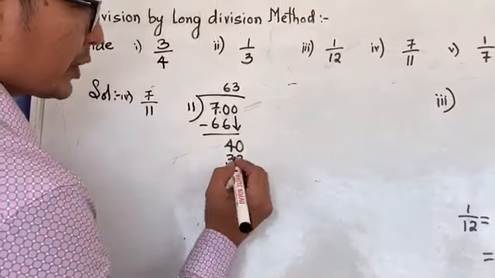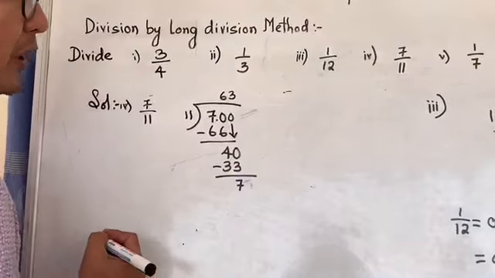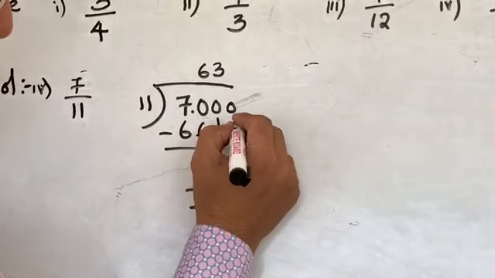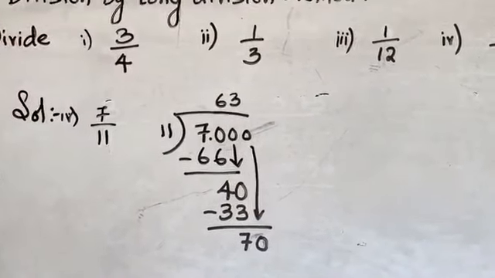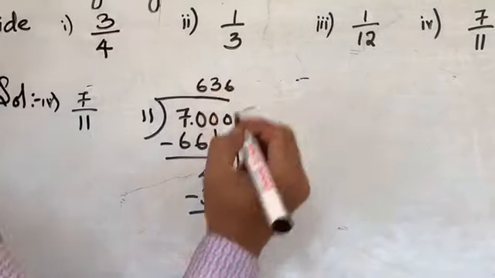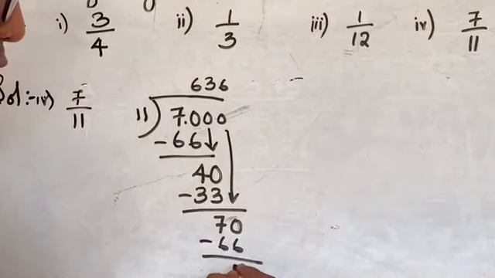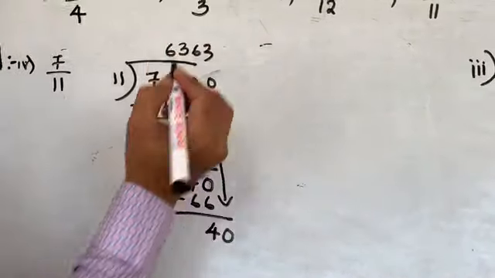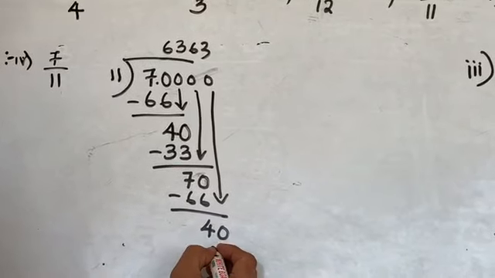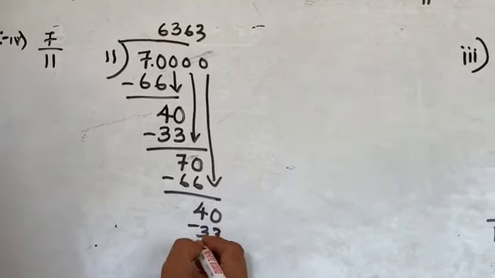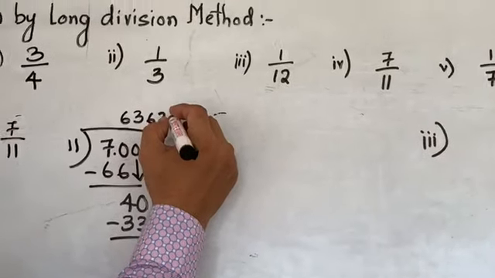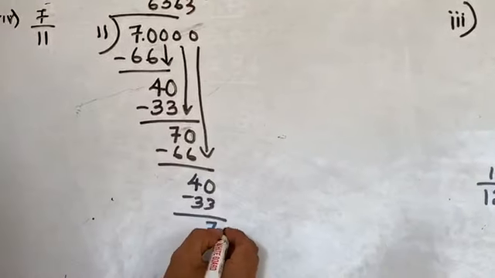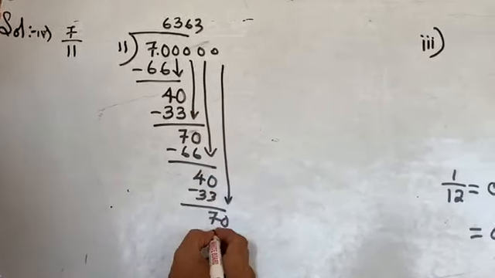Subtract, the answer is 7. Bring down a 0, and this sample is 70. Again 11 6 times is 66. Subtract, we get 4, and bring down a 0 again, giving 40. 11 3 times is 33. Next we have 7 again, and bring down 0.